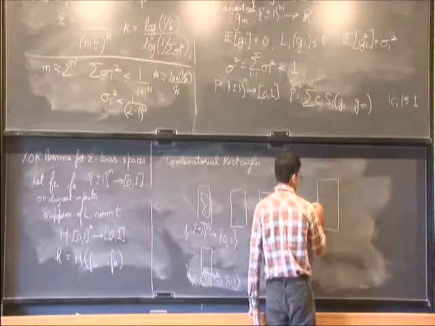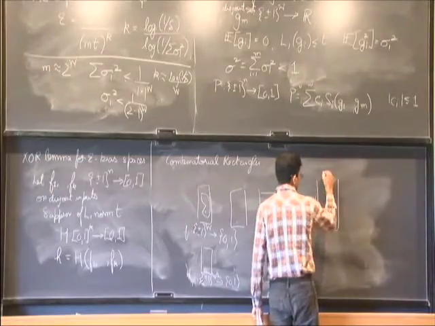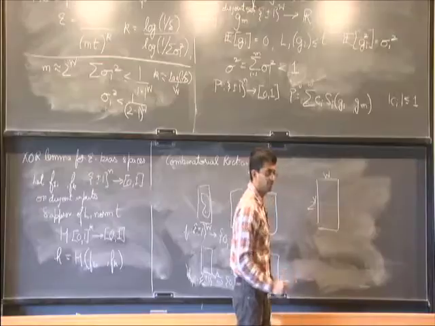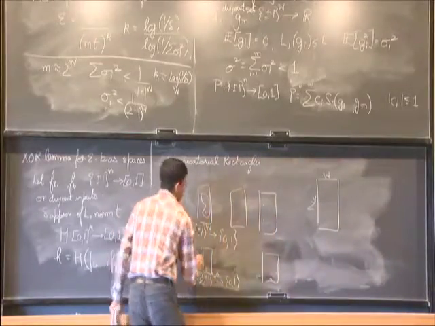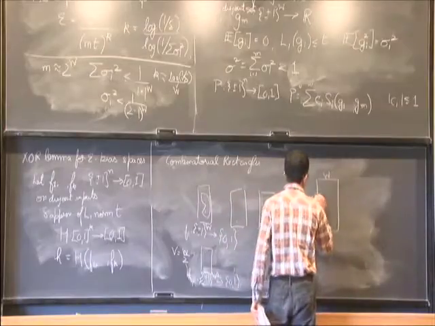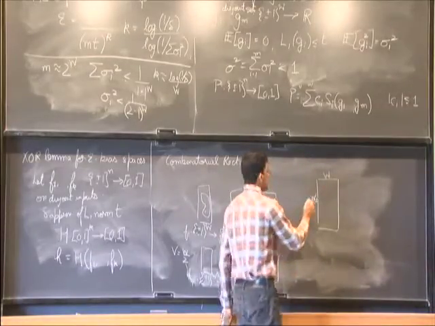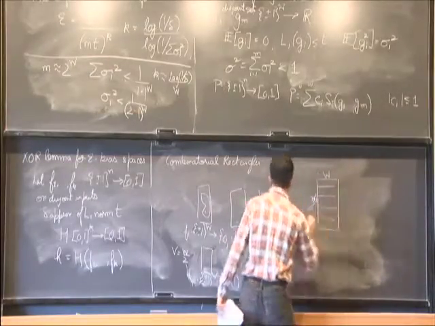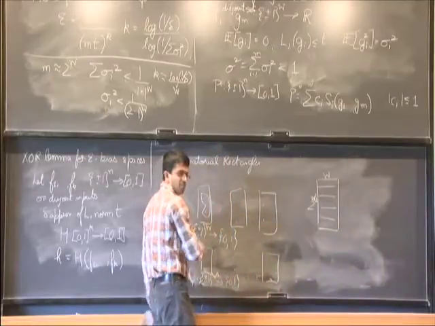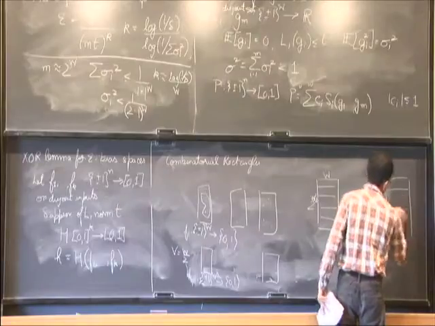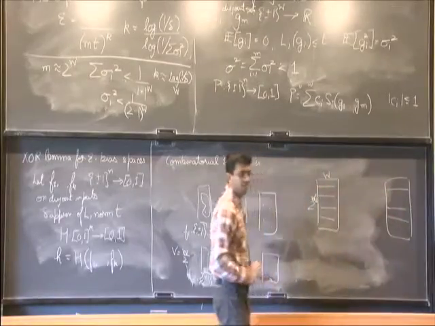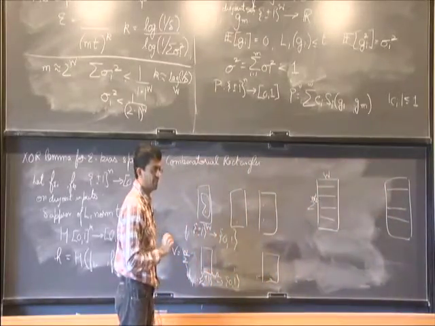For each coordinate, I choose a matrix of size 2 to the v times w, where v is, we have taken v to be w over 2, right? So let me just say it's 2 to the w over 2 times w. Each row here is going to be a point sampled with repetition, right? And now I do this for each and every coordinate independently, initially, let's say.